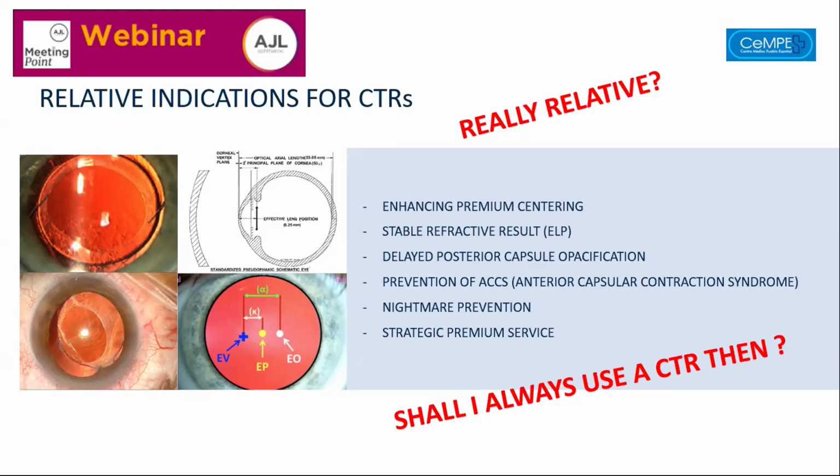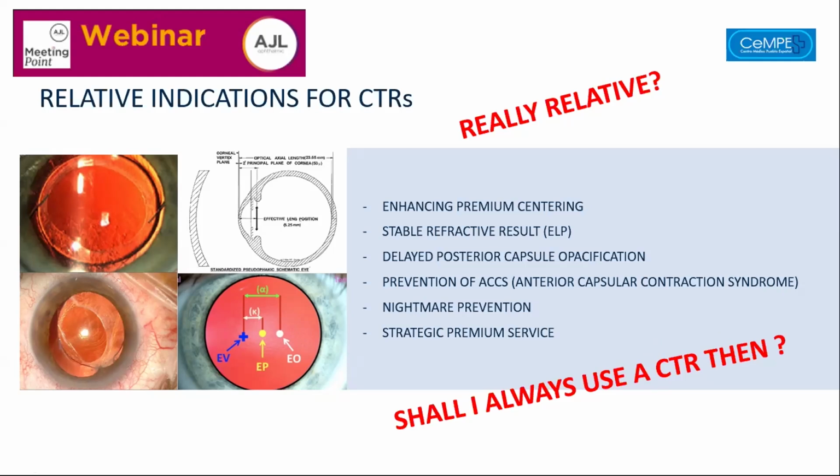They just realize what this artificial visual system and focusing with a multifocal lens is about, and they stop having the problems. So you may wait even a year to plan an explantation, and this is one of the biggest benefits I find for the CTR implantation.